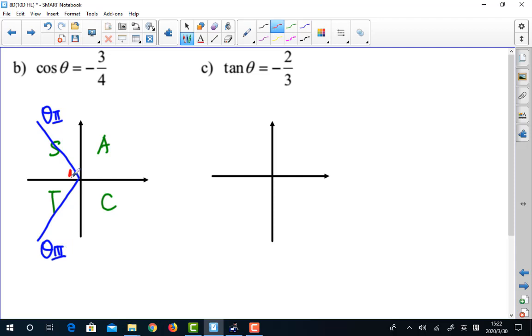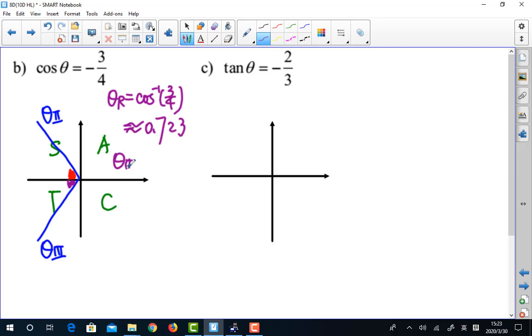The reference angle for each quadrant is just the same as question A. When we look for the reference angle, do not place the negative sign into inverse cosine. So we only find the reference angle with cosine inverse positive 3/4. So this one is approximately equal to 0.723.